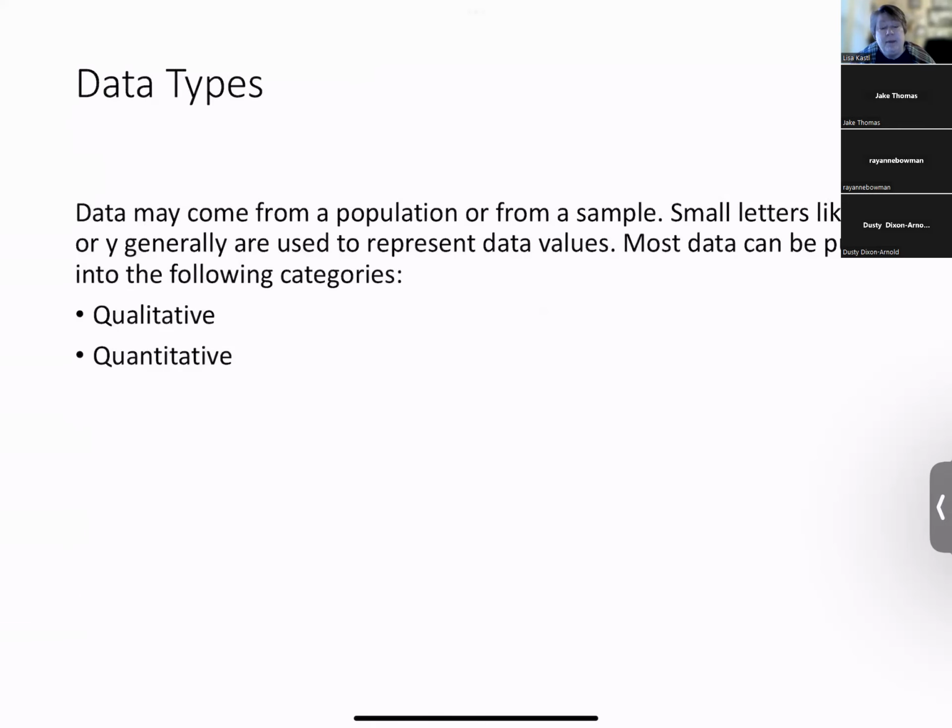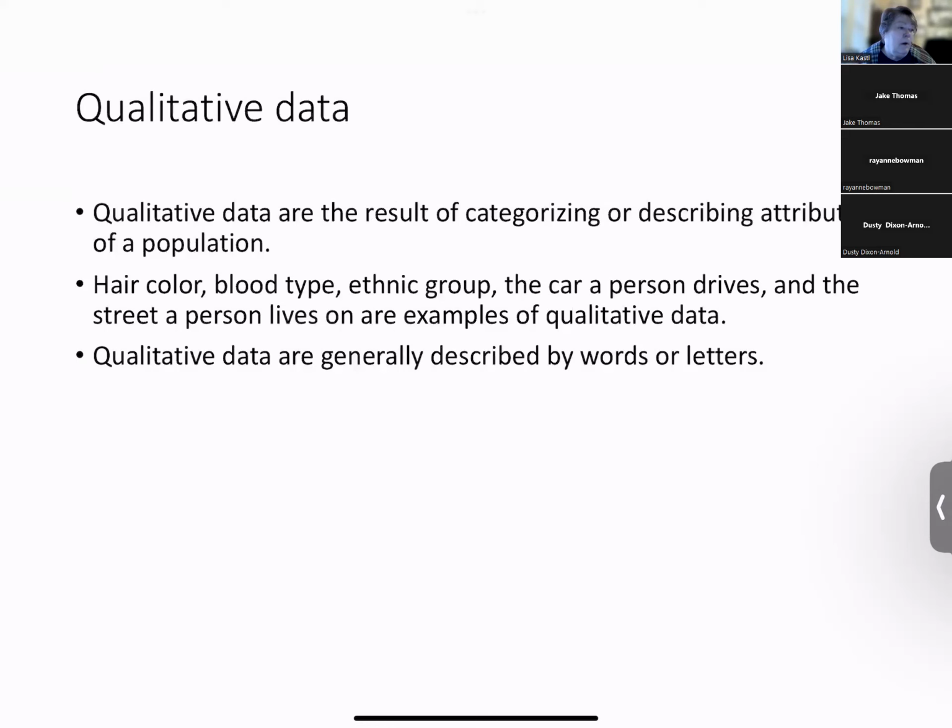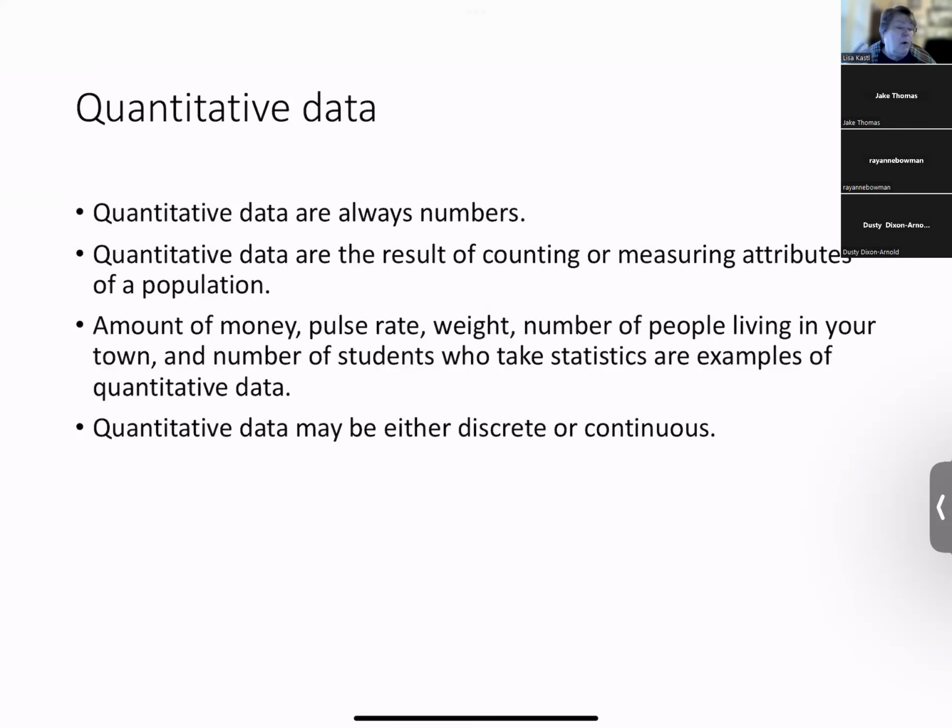There are two types of data that you can take, qualitative and quantitative, and we've already talked about this. Qualitative data is categorical, it's a description, some attribute, and quantitative is a number. Quantitative data are always numbers.